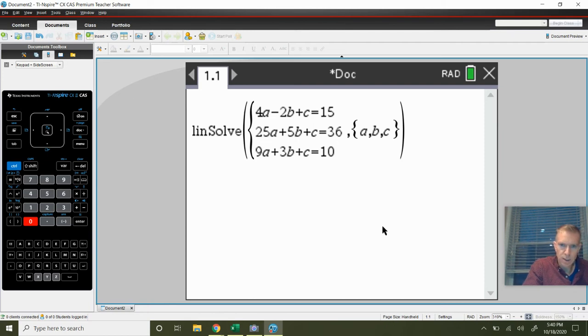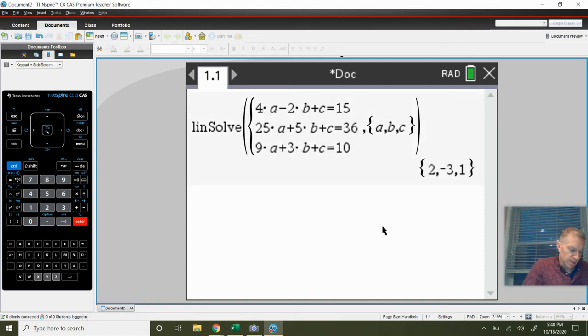I always like to double check. 25a plus 5b, plus 5b plus c equals 36. 9a plus 3b plus c equals 10. Okay, hit enter, and we get the same answer. A is 2, b is -3, c is 1. Okay, so that's how you would solve using the Inspire.